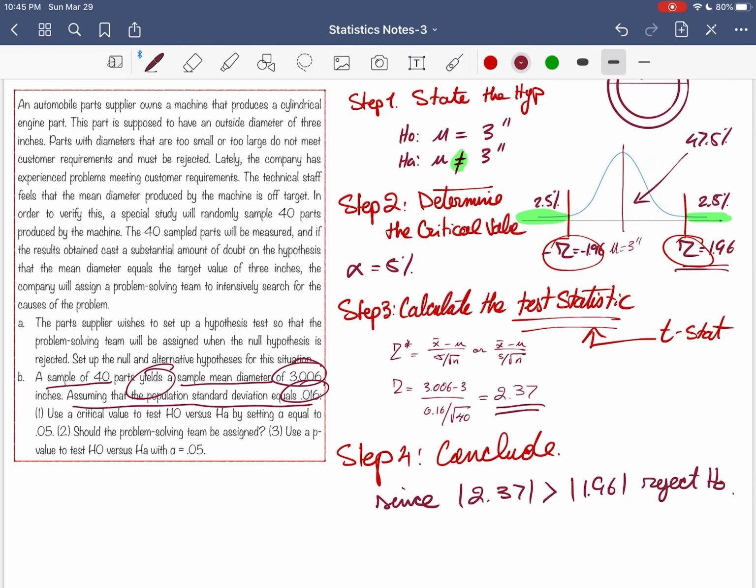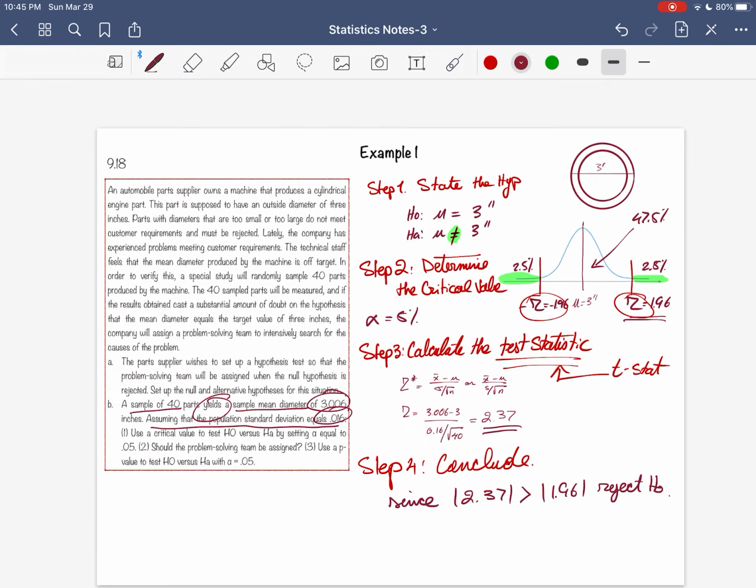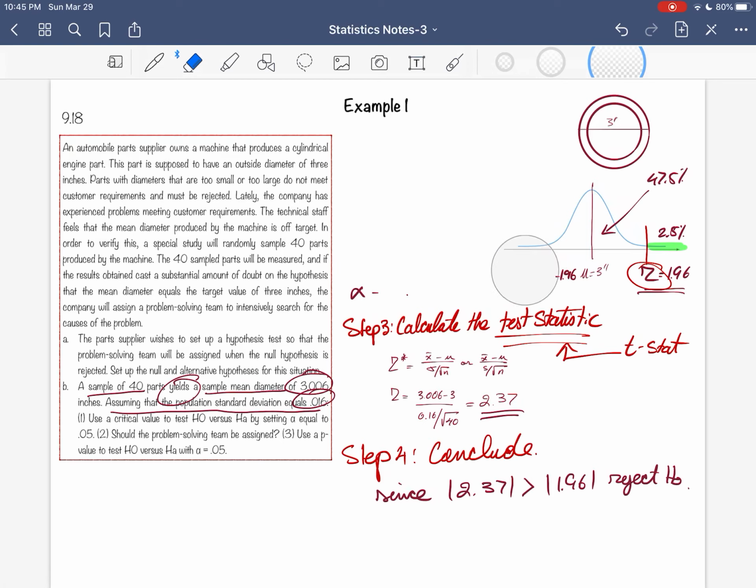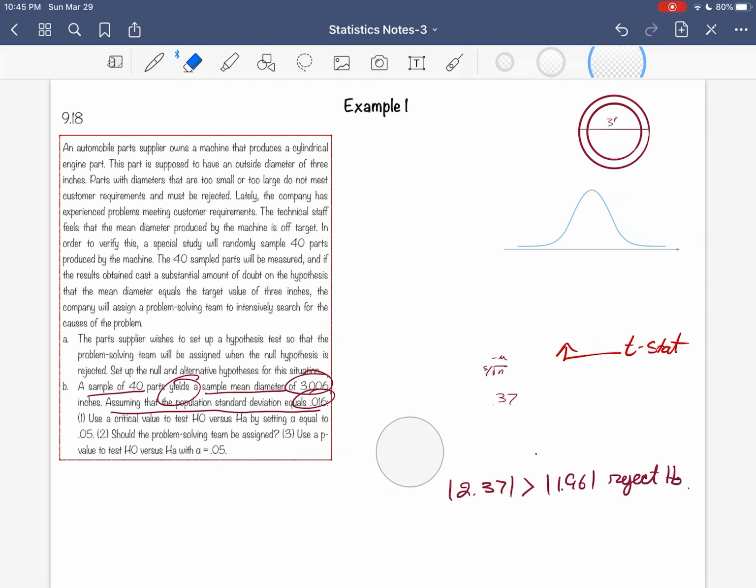That's the entire problem. So the only step that remains is what is called the p-value. So let's look at the p-value together. And for that, I need to unfortunately erase everything just because it takes a little bit of space. So we're just gonna erase all of this here.